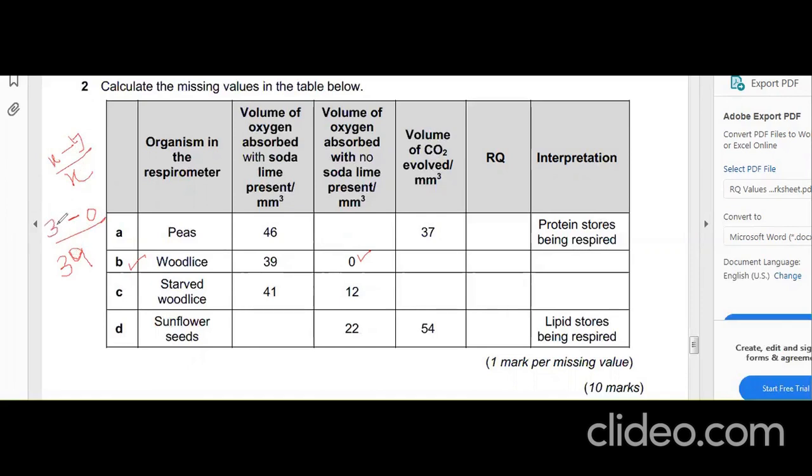So X minus Y will be 39 minus 0, which is 39, so 39 by 39. If you divide that, it will give you 1. So the RQ value here should be 1, and the volume of carbon dioxide evolved should be 39. Since it is 1, the substrate should be carbohydrate.